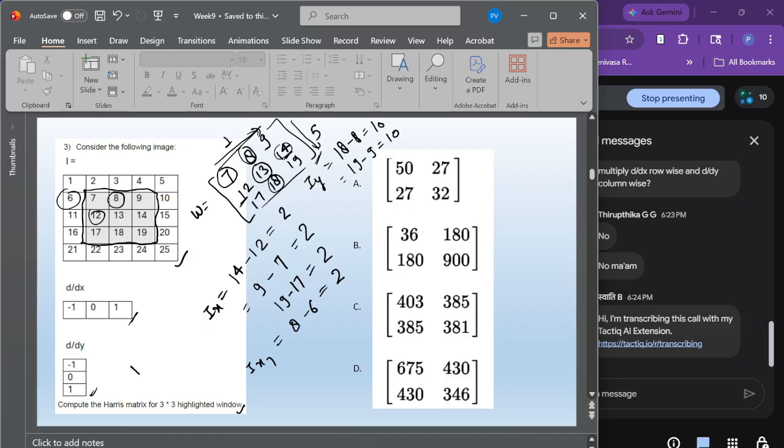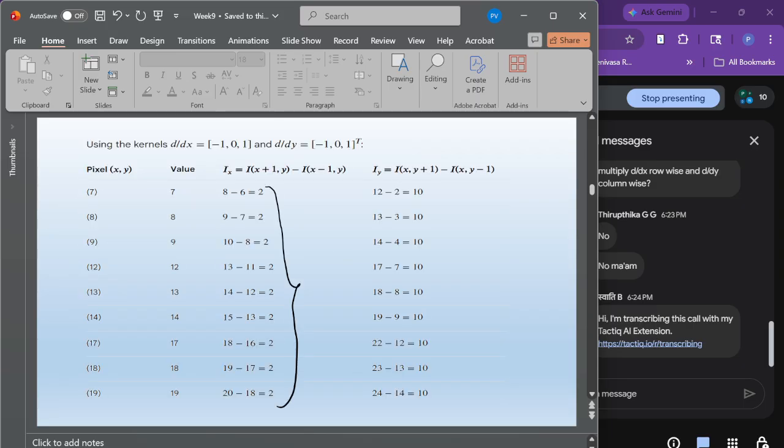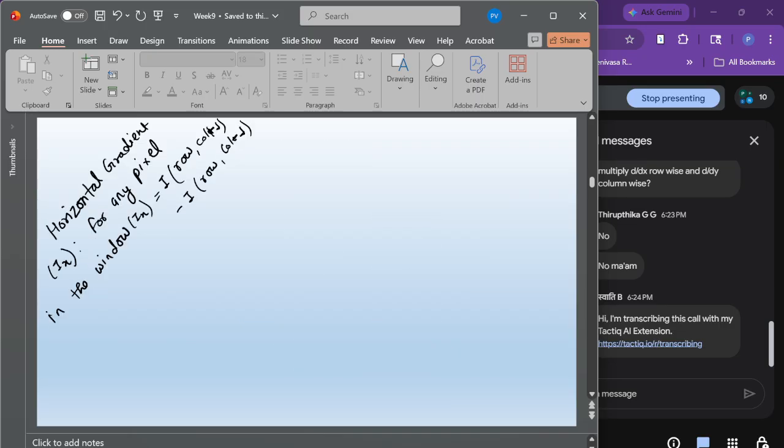If you check all the vertical gradients, you will get 10. So for all the values, Iy is 10, and Ix, if you calculate, you will get 2. So now we have Ix equal to 2 and Iy equal to 10, right?